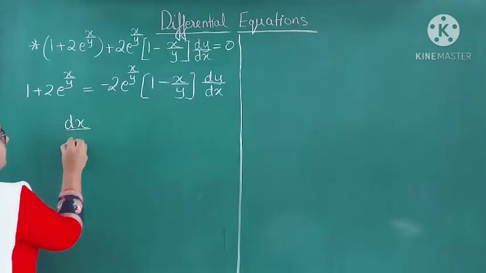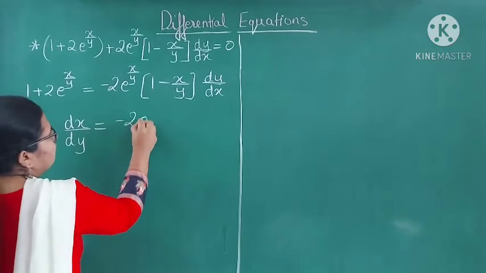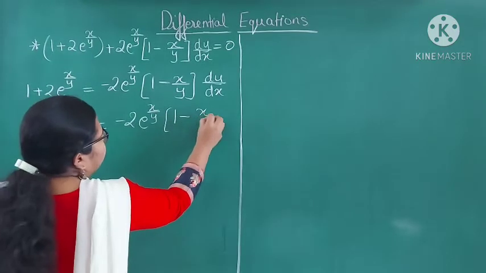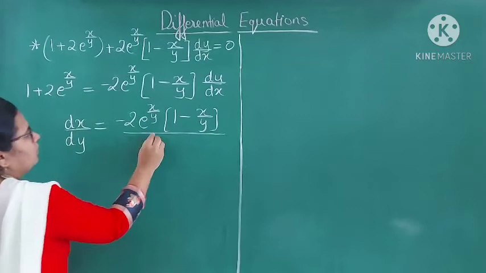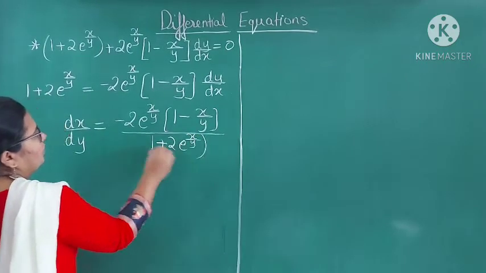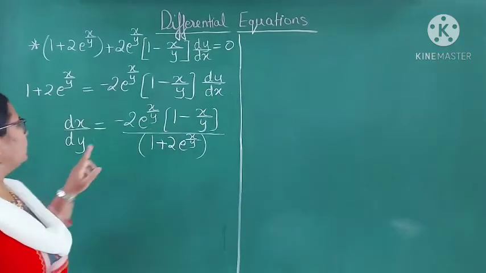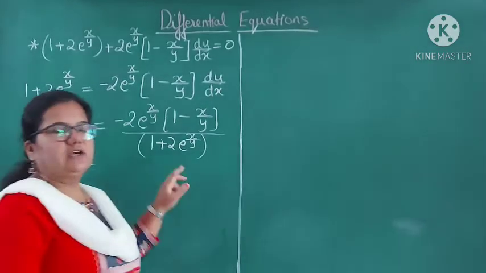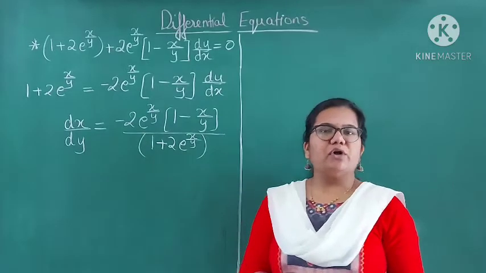So dx upon dy will be equal to minus 2 e raised to x upon y into 1 minus x upon y upon this term 1 plus 2 into e raised to x upon y. See, this dx comes this side, numerator, dy goes in the denominator, and this term on LHS goes in the denominator. So I have written the given equation in the form of dx upon dy.